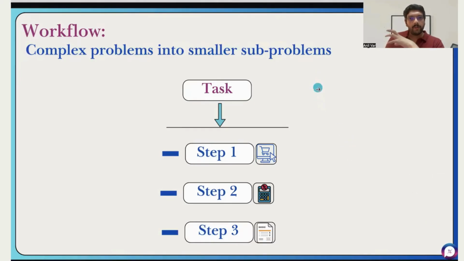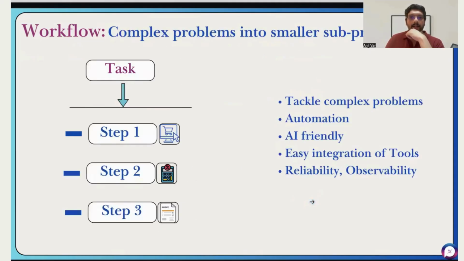What you can do with a workflow is take that task and break it into a number of small sub-problems or sub-tasks. So you end up saying, actually, I have 3 steps here. By breaking it into these 3 steps, it makes it much easier to solve this problem. A quick reason why workflows are so popular is that they allow us to automate a lot of complex tasks by breaking them into steps.